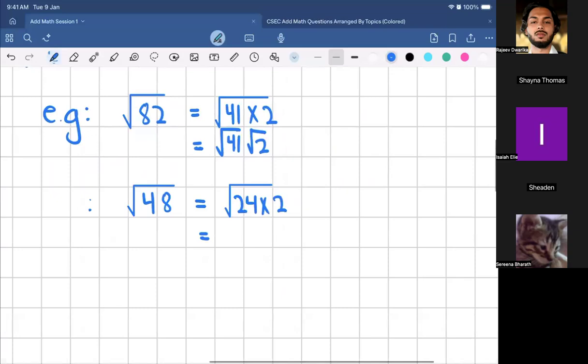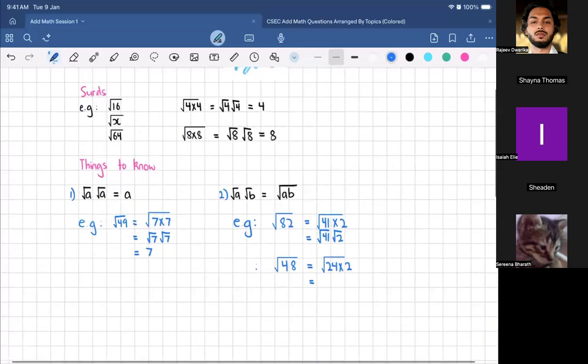So Shina, according to this rule over here that says if you have a product of surds, you could break it down into smaller surds, what am I going to do here? So what two surds could I break this down into, since I have a product of two numbers? Make a guess.